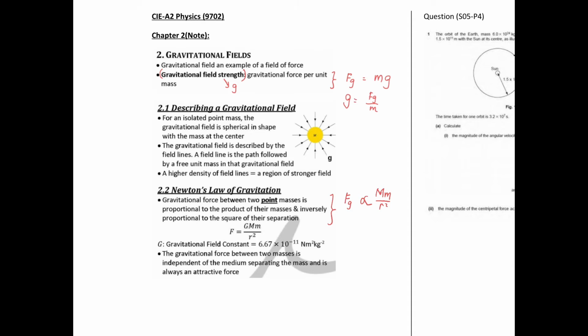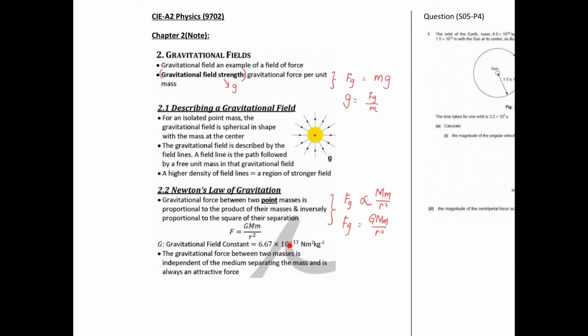After that, when it is proportional, we can change it to an equation by using a constant. The constant will be the capital G here, and we get this formula. The formula is given here, and G is mentioned here, the gravitational constant, 6.67 times 10 to the power of negative 11.